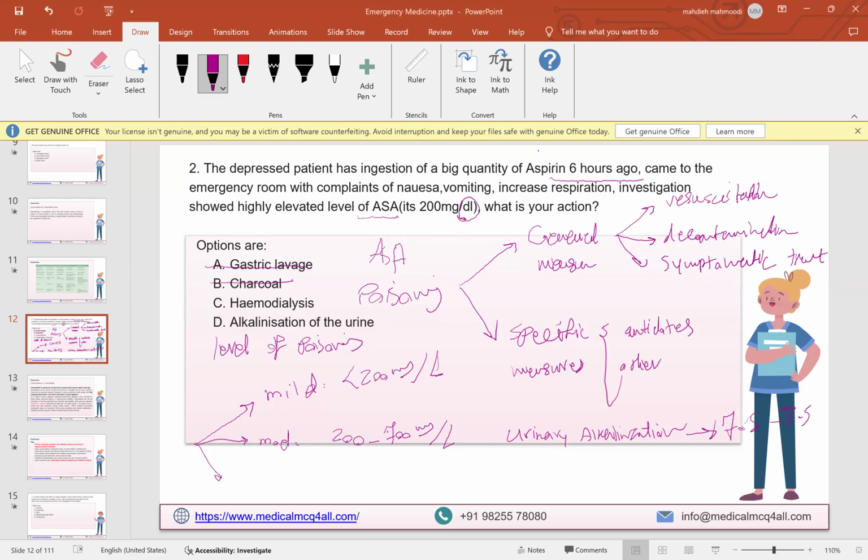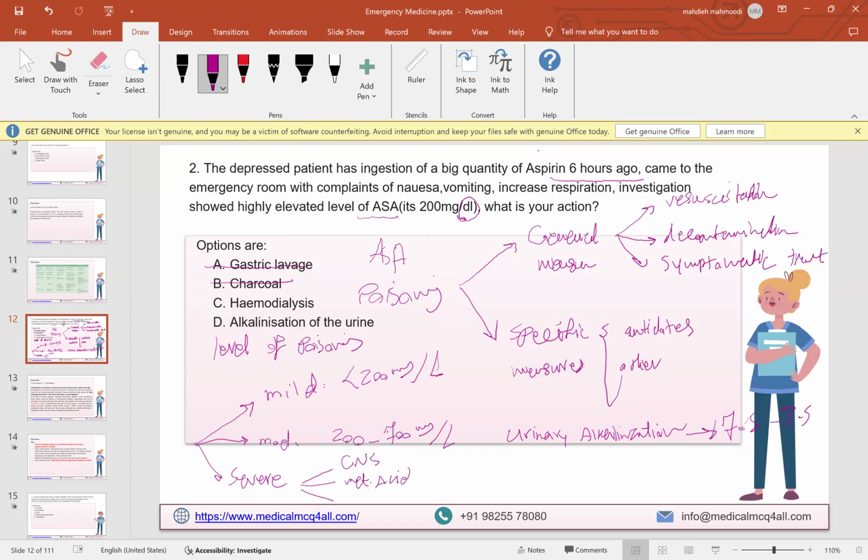Severe poisoning. Severe poisoning has 3 criteria. 1, patient showing any CNS features: low level of consciousness, seizures, any features of CNS involvement. 2, metabolic acidosis.